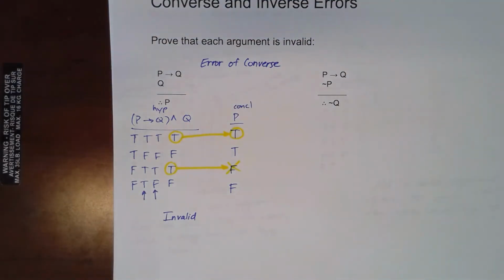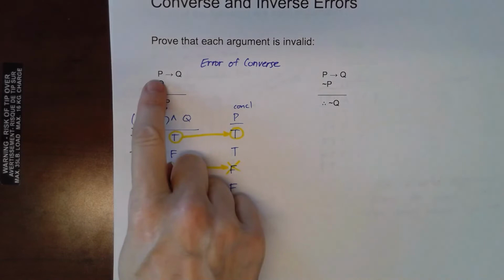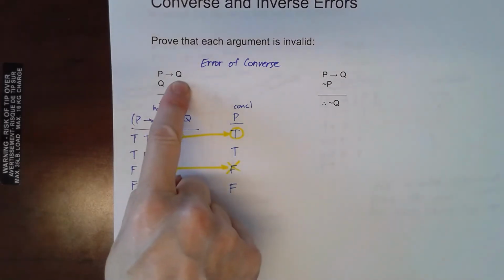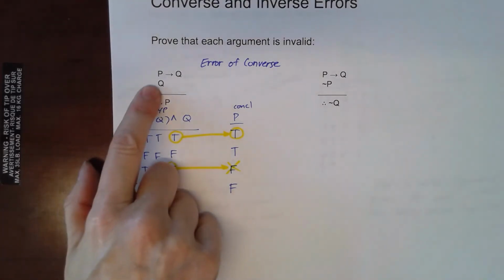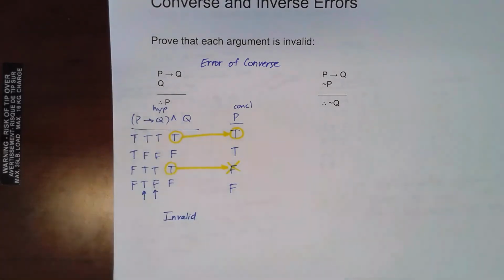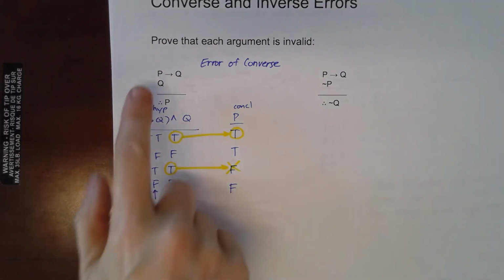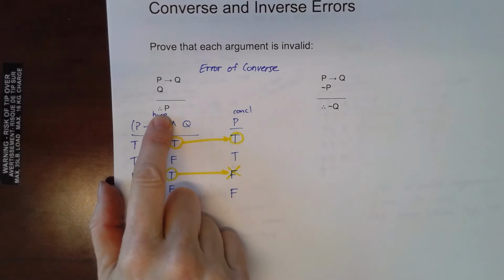Okay. So, let's say we know that P implies Q is true. What we're basically thinking is that, well, if Q is true, then P must also be true. Like if I turned it around, then the converse would also be true. So if Q is true, P would also have to be true. But we know that the converse is not logically equivalent to the original implication.